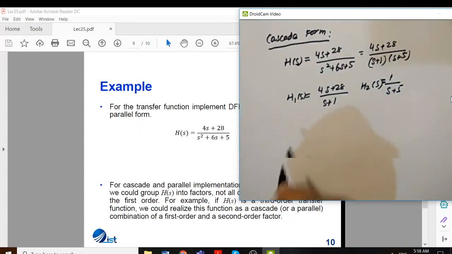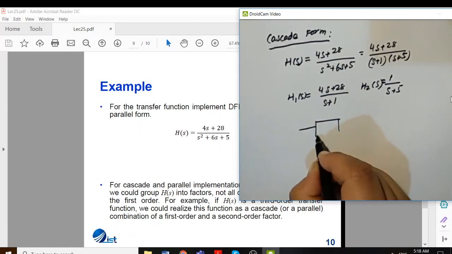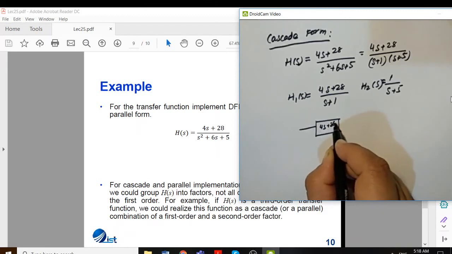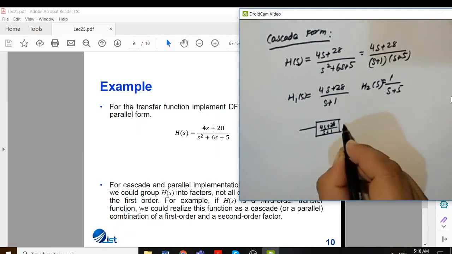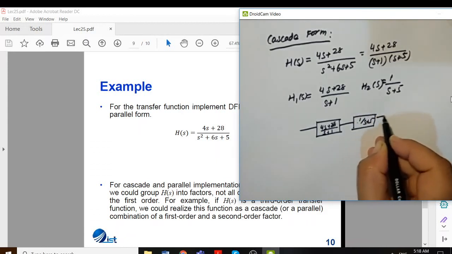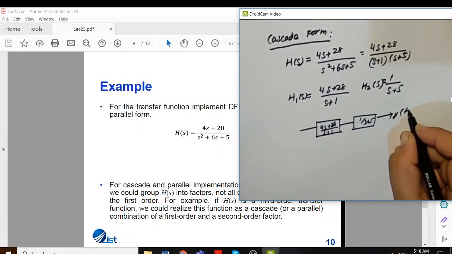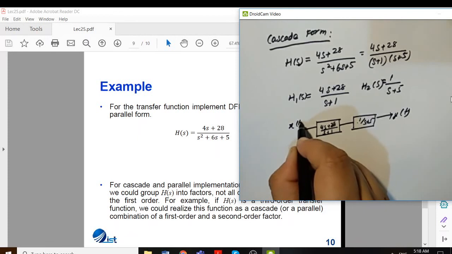So our overall system is a cascade of two systems, which is (4s plus 28) by (s plus 1) into 1 by (s plus 5), and this is our output and this is our input.